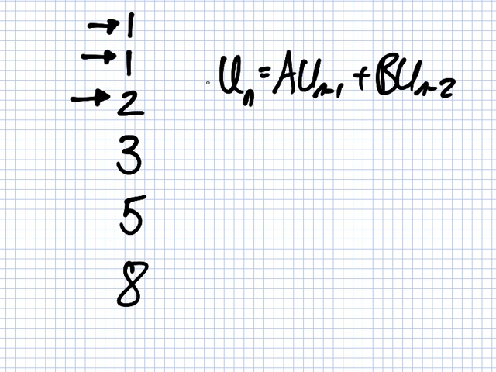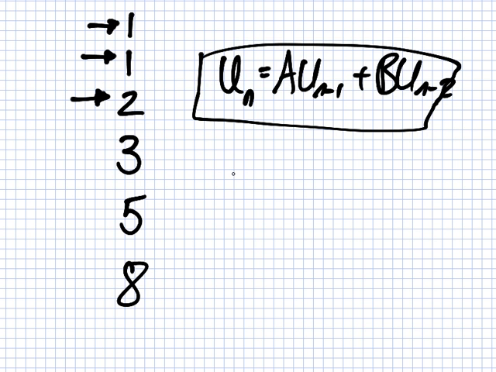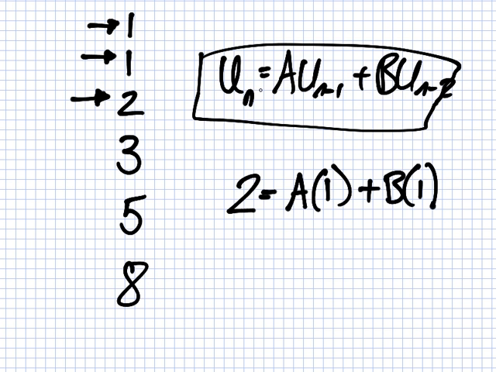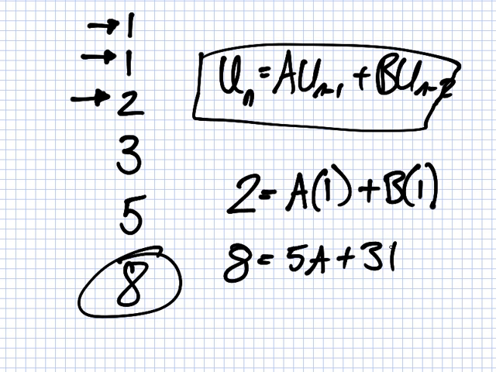Using this formula, the third term, which is 2, should equal A times 1 plus B times 1, because the formula says the next term is A times the last term plus B times the term before that. For example, the 8, what should the 8 equal? 5A plus 3B.